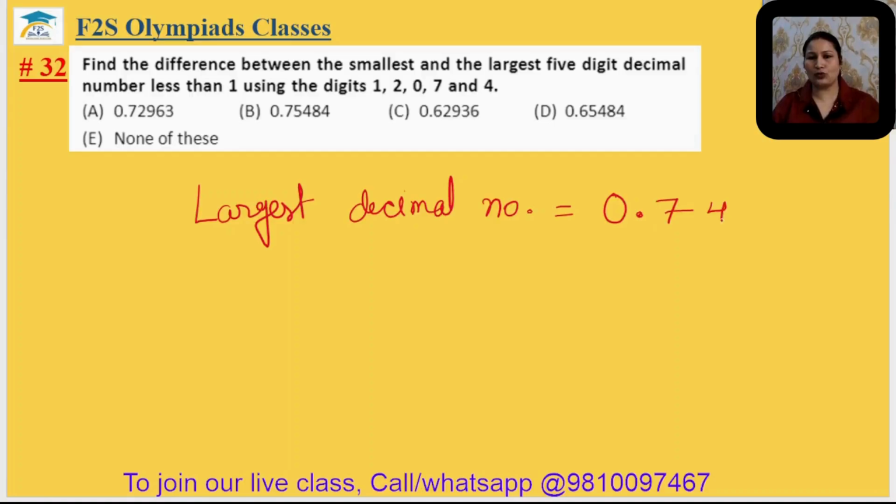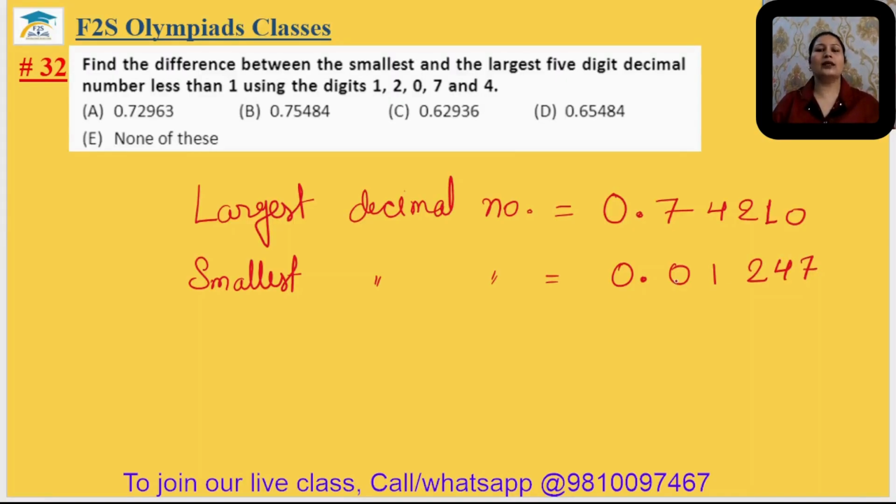So 0.74210. Now the smallest decimal number. This will be your 0.01247. We can write 0 at the extreme left of the decimal, because this 0 will be considered as the tenth place value. And we have to find the difference between these two.